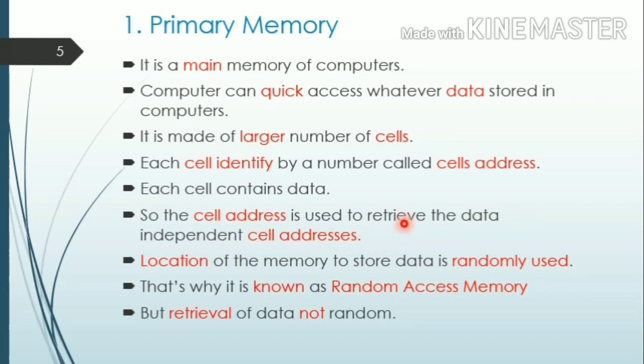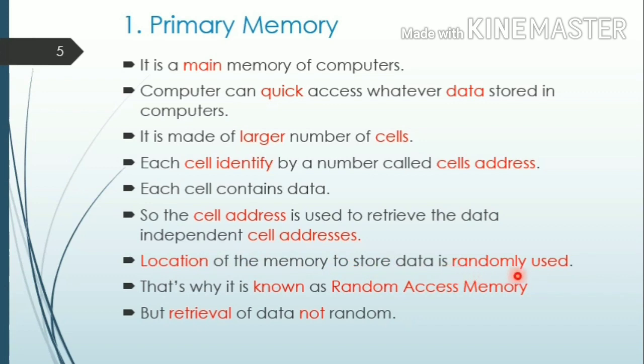Whenever we click on a file, or open an mp3 or a document, the cell address retrieves the data from computer memory. The location of the memory to store data is random.